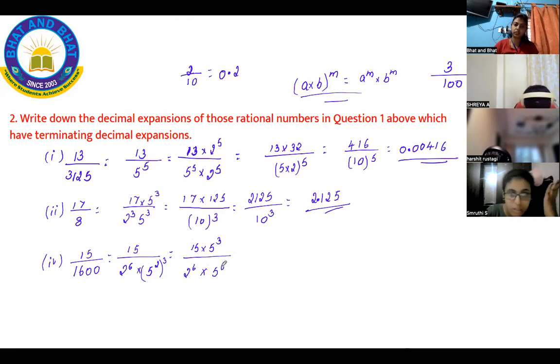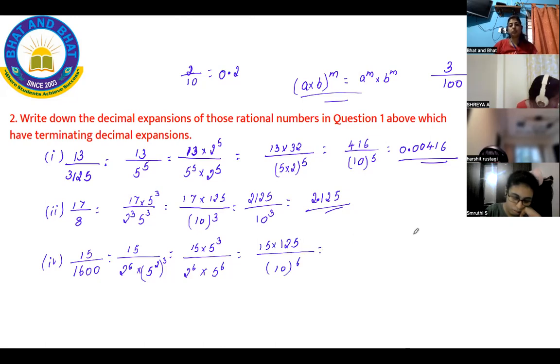Got it? So it is 15 into 125 divided by 10 raised to 6. So how much is this? 15 into 125.